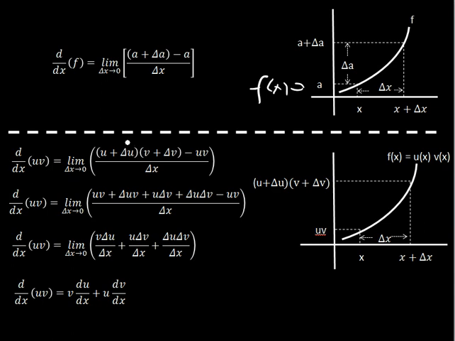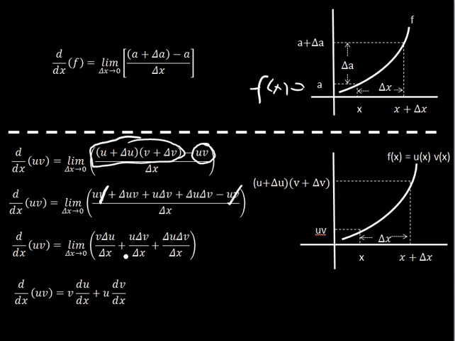Here we're doing the multiplication of the first term, u plus delta u times v plus delta v, minus the original function, following the definition of the derivative. Then we simply FOIL these terms. We get uv plus v delta u plus u delta v plus delta u delta v, minus uv. These will cancel.